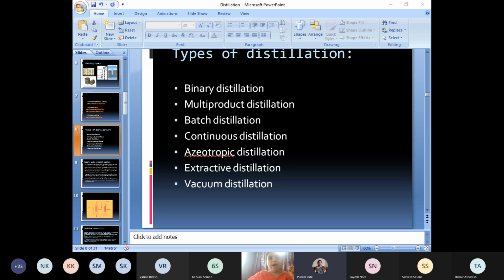So you need to add some component in the distillation so that it lowers the boiling point of one of the components and it gives you the separation.